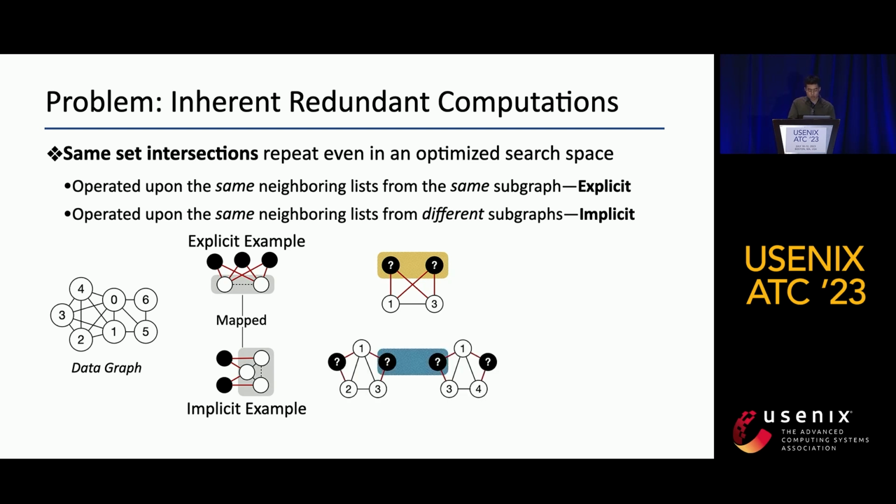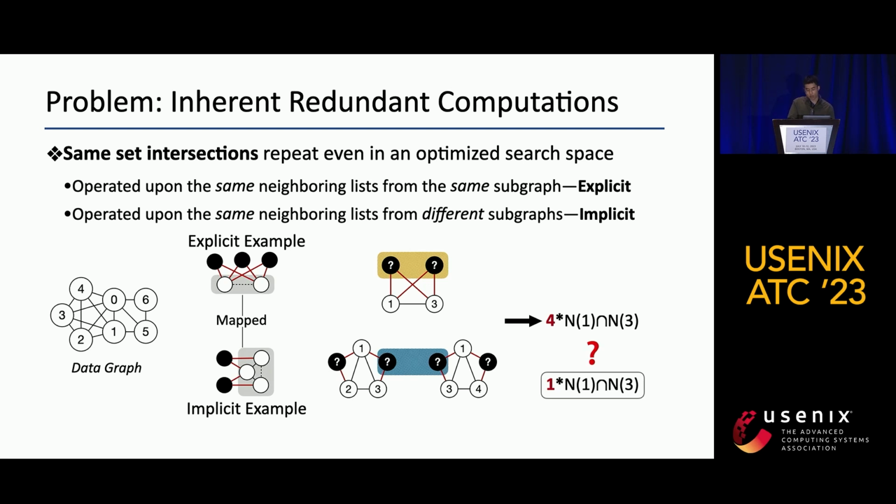For instance, in two triangles, 1, 2, 3 and 1, 3, 4, the same set intersection on vertices 1 and 3 is performed for both subgraphs, even though the subgraphs are different. In this example, the same set intersection on vertices 1 and 3 is conducted 4 times in total. In fact, when it happens for the first time, we can store and reuse the results.